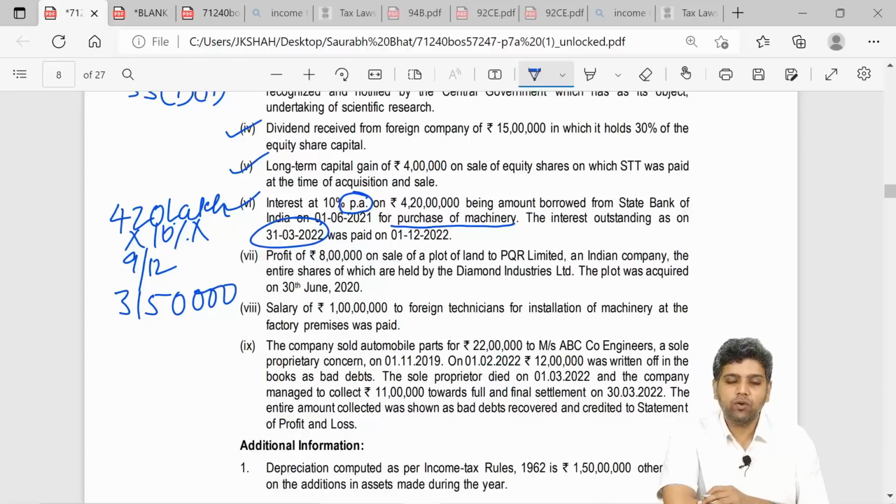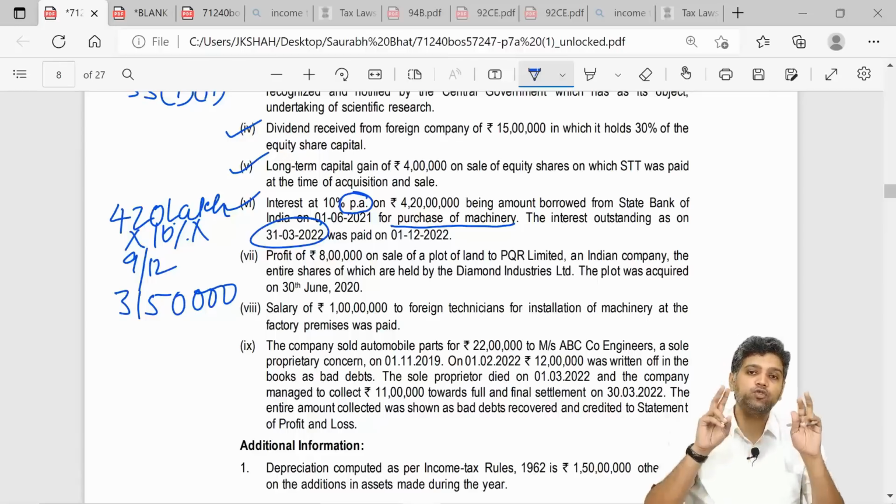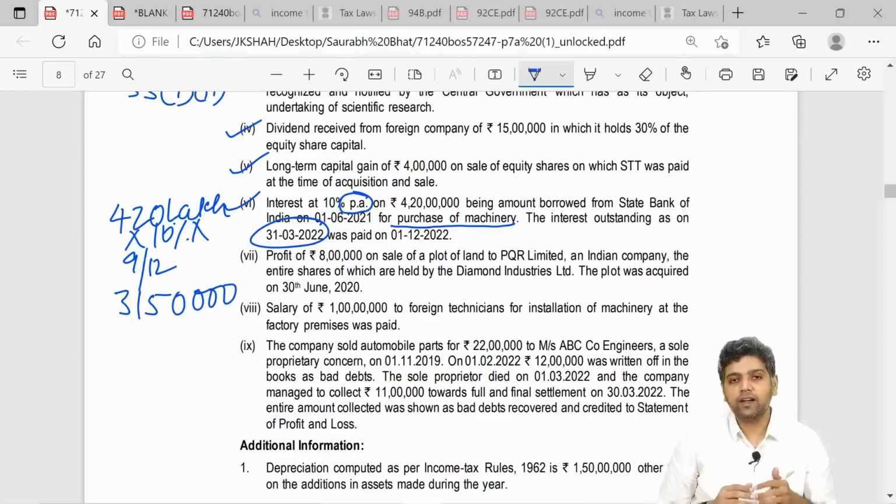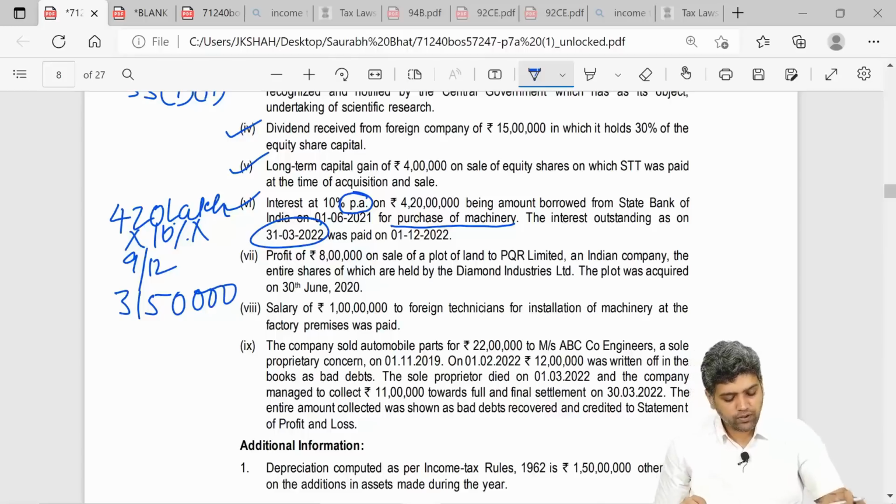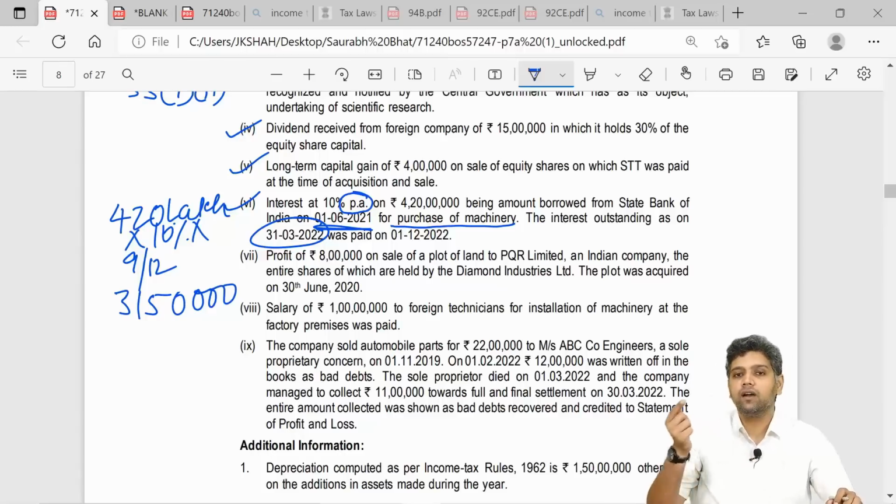Friends, we know that in case any interest is payable to a bank, it is allowable provided it is actually paid. Here it is not actually paid up till the due date of furnishing return, which in case of company is 31st October, and therefore the balance interest would also be disallowed on account of provision of section 43B. So now I look at the fact that this borrowing is made on 1st of June. So 1st June till 31st March comes as 10 months.